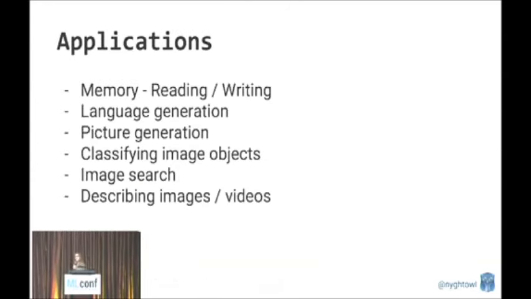So all of those models, the main things that these papers have been doing with these models are things like reading and writing to memory, generating images, generating language, classifying various objects, using them to actually do descriptions for images. And I have no doubt that this is being used with robotics.